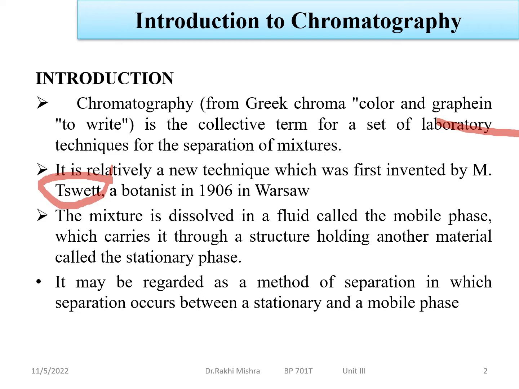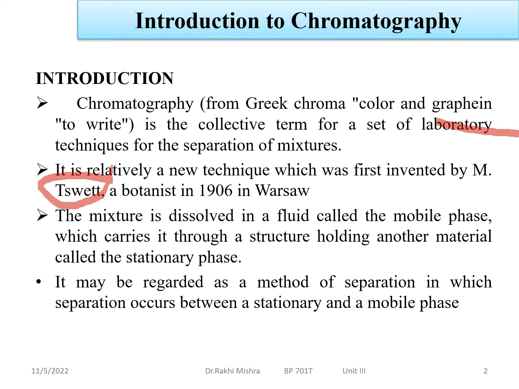But this separation is done with the help of the mobile phase. You first dissolve your sample in the mobile phase, and then this mobile phase is poured over the stationary phase, so the compounds are separated on the stationary phase.